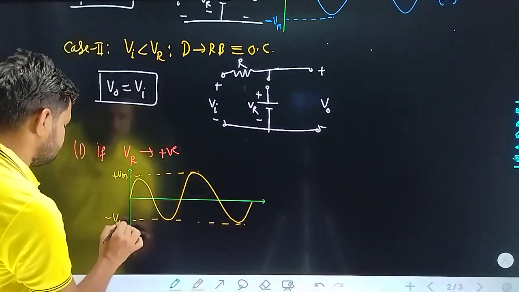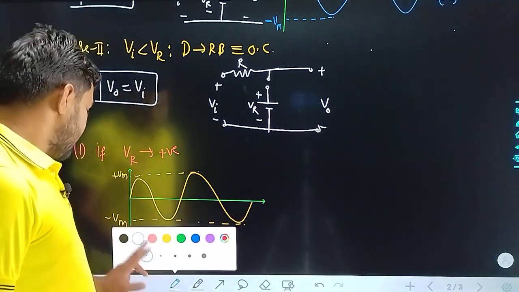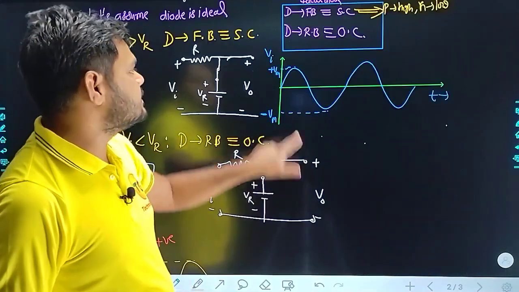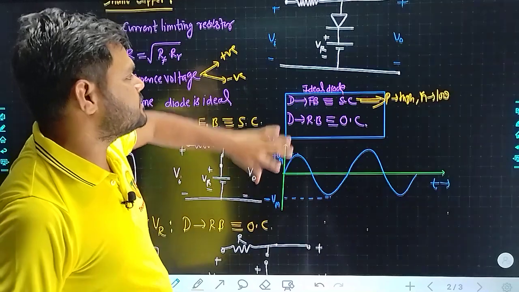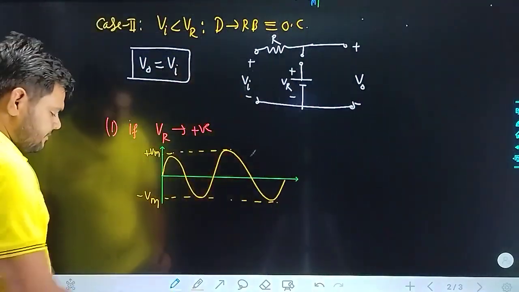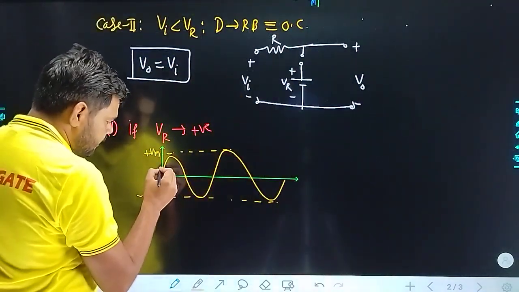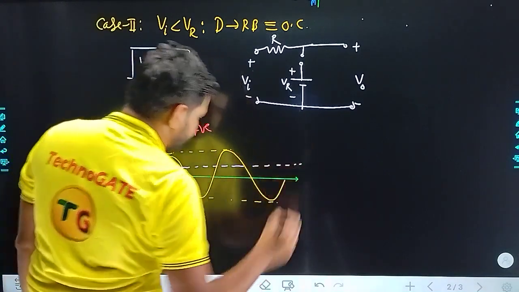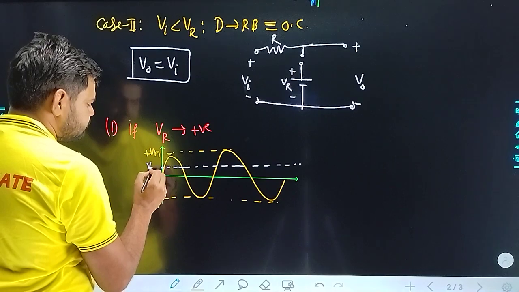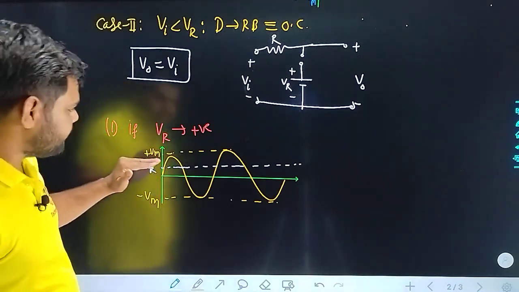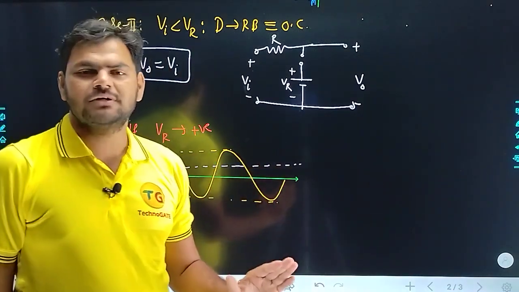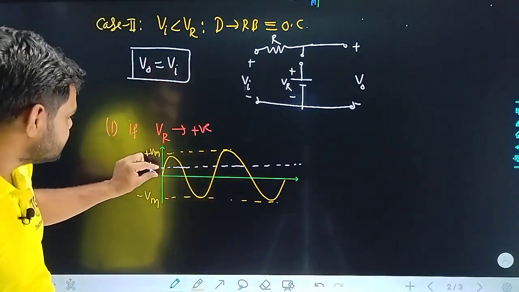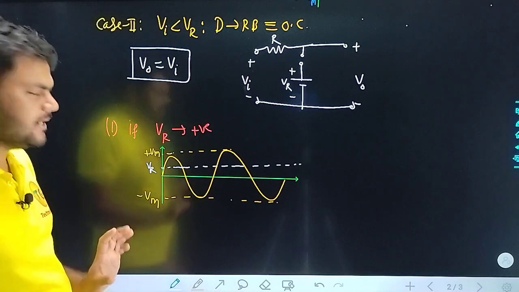Here I have drawn this input voltage waveform, and the V reference is positive. V reference is basically a DC voltage level, a fixed value. So if this V reference is positive, I can simply mark it over here because it's a DC level. By marking V reference on that line, it will be easy for us to identify whether the applied input is less than this V reference or greater than it.